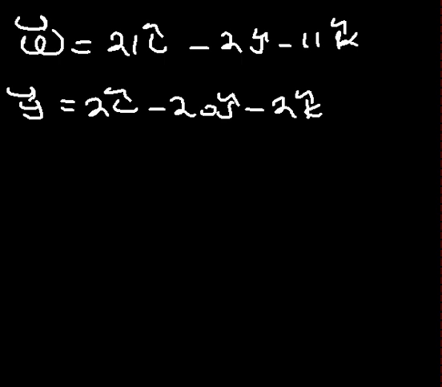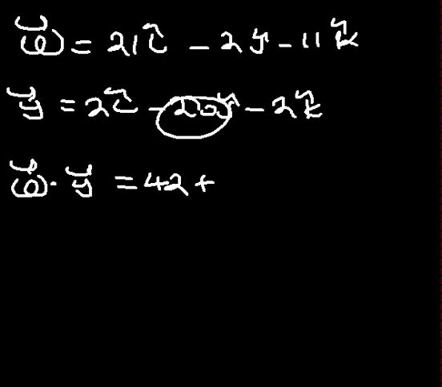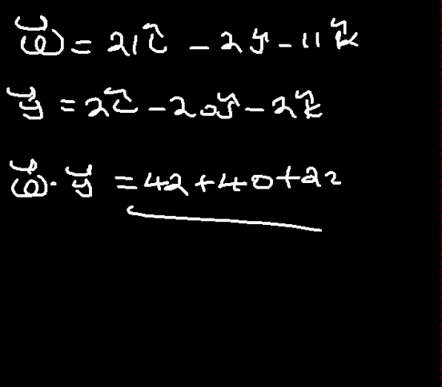So what is the dot product of the two vectors? 2 times 21 is 42. Plus negative 20 times negative 2, which is a positive 40. And then 11 times negative 2, which is negative 22. That's how you have to understand it.